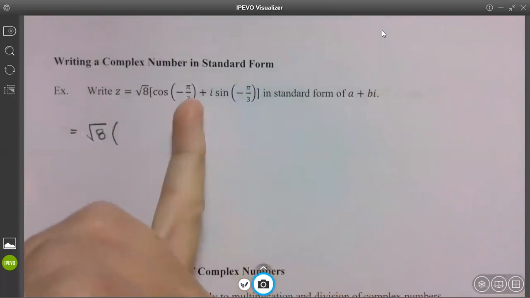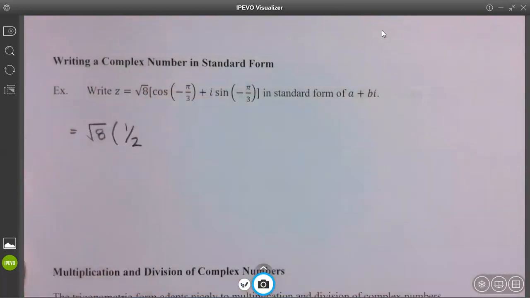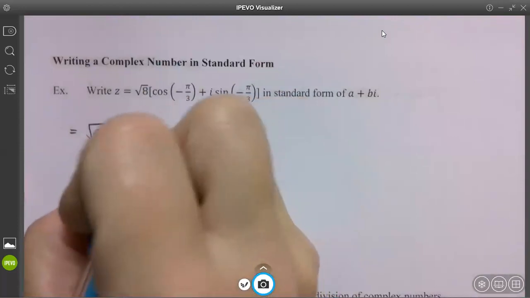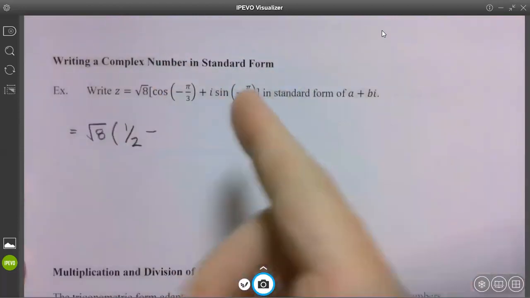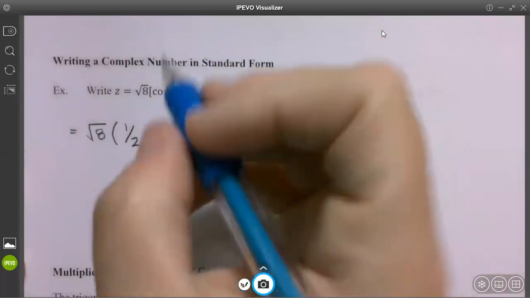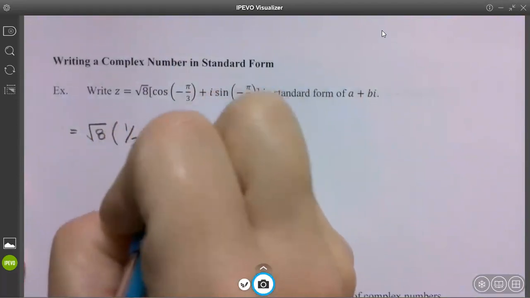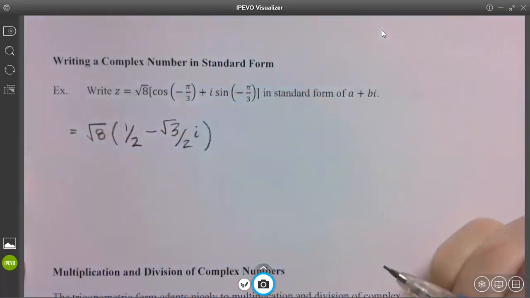And you're going to see that cosine negative pi over 3 is 1/2. You can also use your calculator for that, but your calculator will not give you the other one. So the y coordinate of negative pi over 3 is going to be minus square root of 3 over 2. Don't forget to put your i.